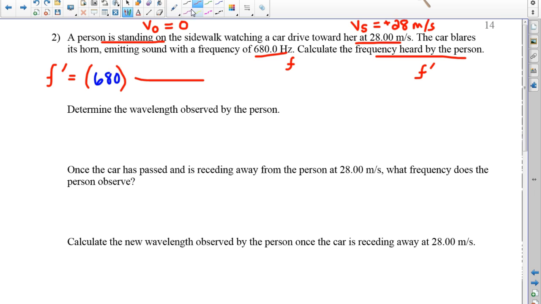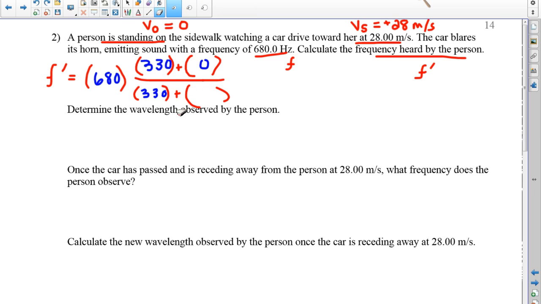In the numerator of our fraction, we add two things. In the denominator, we do a subtraction. Okay, in the numerator, we take the speed of sound, that's 330, and we add the speed of the observer, which is 0. Down below, we take the speed of sound. The waves travel at 330 meters per second, and we subtract the speed of the source.